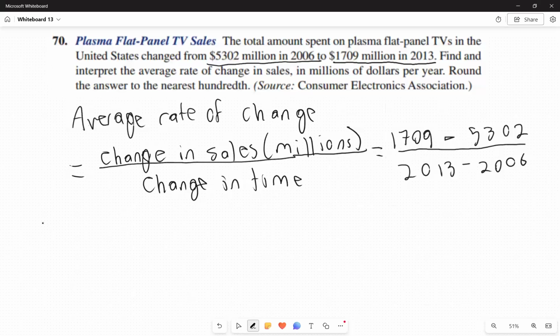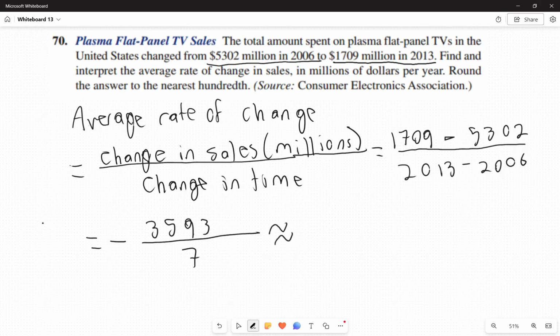The numerator, 1,709 minus 5,302, is negative 3,593 over 7. And they're asking us to round to the nearest hundredth.